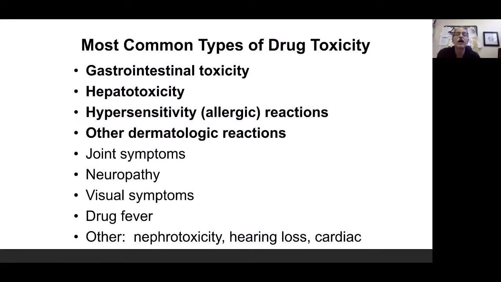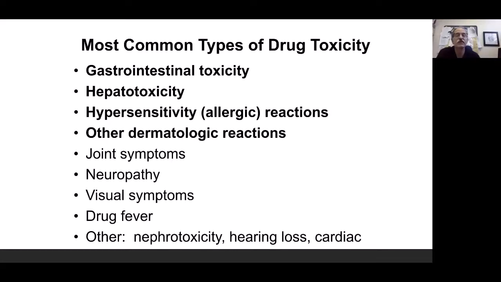The major ones that we see are gastrointestinal toxicity, hepatotoxicity, and hypersensitivity or allergic types of reactions, as well as other dermatologic reactions that may not be manifestations of hypersensitivity. Some of the less common but still relatively frequent ones we see are joint symptoms, neuropathy, visual symptoms, drug fever, and a few others that I've listed on this slide.